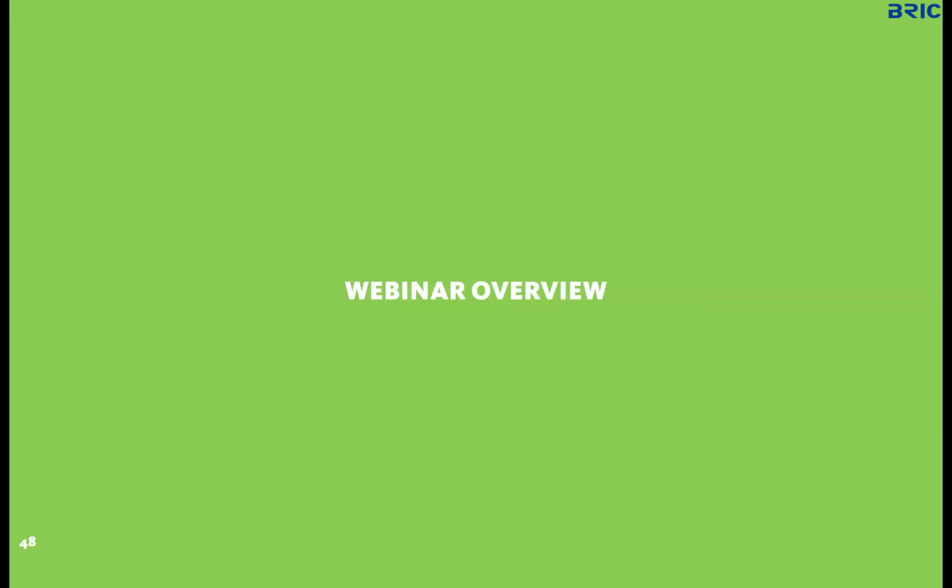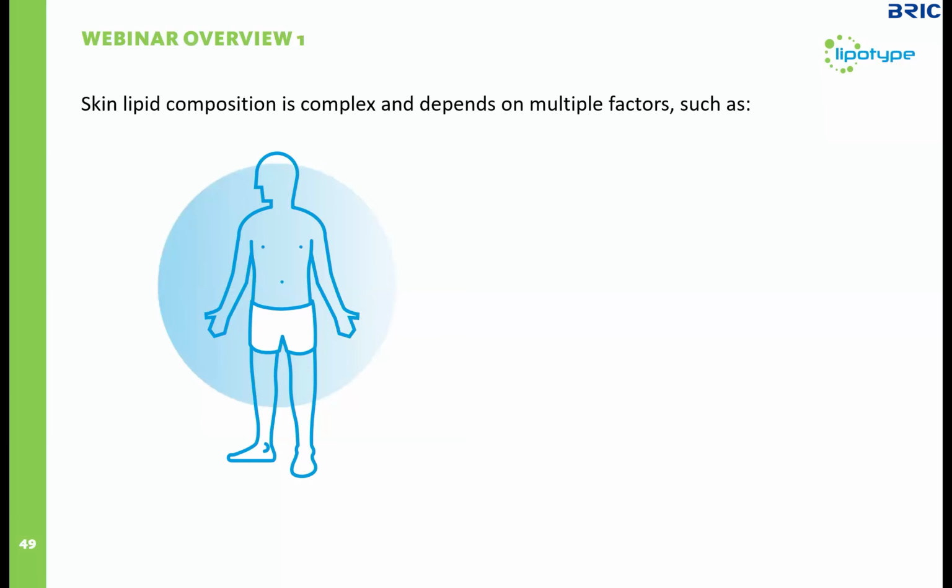So to provide a short recap of what we have covered today: in the first part of the webinar, we have seen that skin lipid composition is very complex and depends on multiple factors such as age, sex, sampling site, and sampling depth.